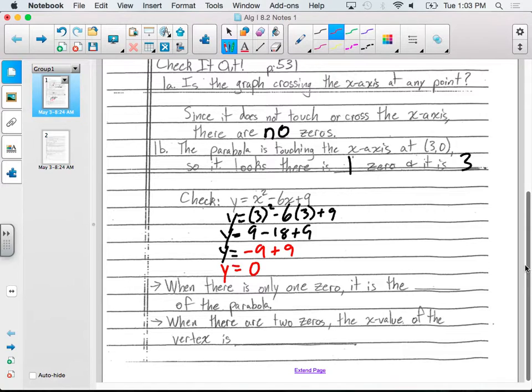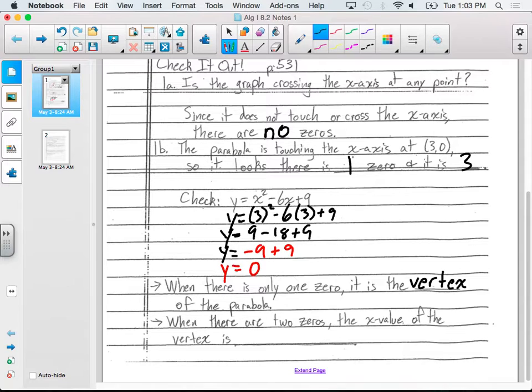Alright, now, when there is only 1 zero, it is the vertex of our parabola. Just like in this example here, that's the only zero. So what is the only point on a parabola that has no symmetrical point with it?